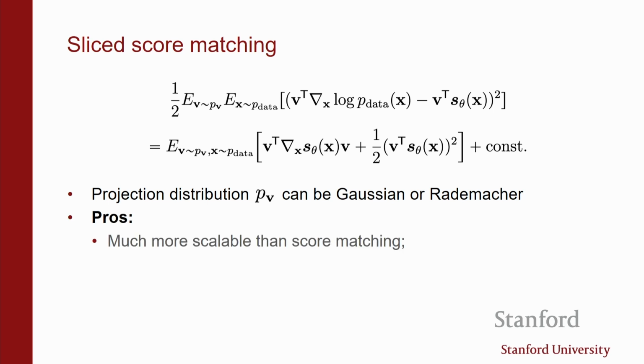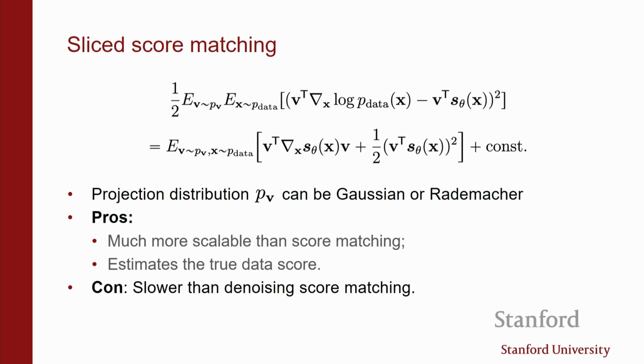And so it's much more scalable than vanilla score matching. It also estimates the score of the true data density as opposed to the data density plus noise. But it's a little bit slower than denoising score matching because you still have to take derivatives basically. So that's sort of where we ended last lecture.